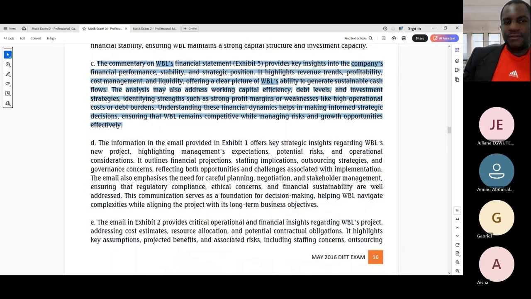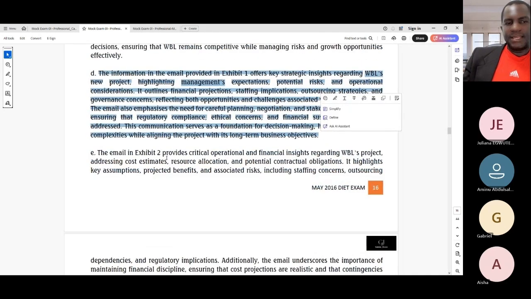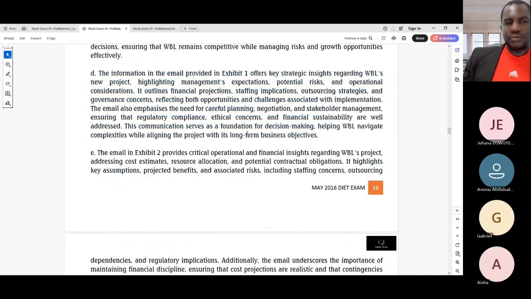And number 4, the information in Exhibit 1 talks about key insights regarding the bank's project, management expectations, and the communication serve as the foundation for decision making. So we are just speaking to the numbers, telling a financial story. And I gave you the fifth point. If you talk about 4, please move on.